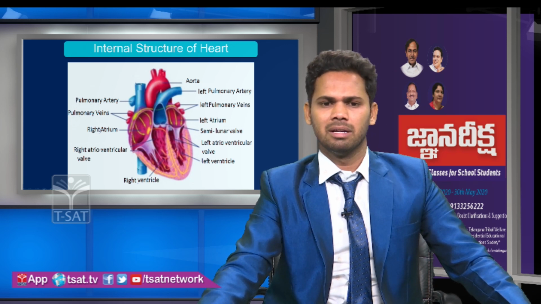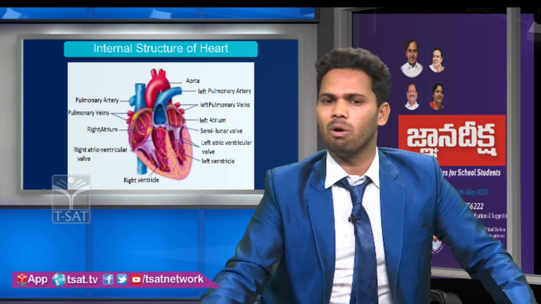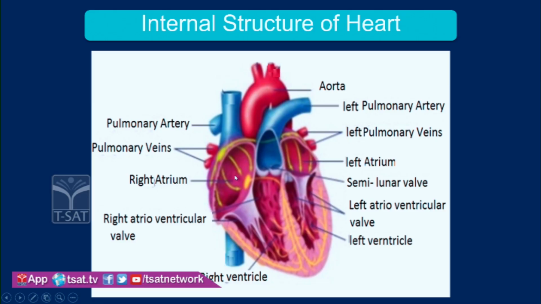Once again I am saying, very simple. Blood is coming from superior vena cava and inferior vena cava. Which blood? Deoxygenated blood opens into the right auricle, to the right ventricle through the special valve called right atrioventricular valve, the tricuspid valve. Then next it goes to the right pulmonary artery and left pulmonary artery. What is the speciality of this one? It always transports deoxygenated blood.